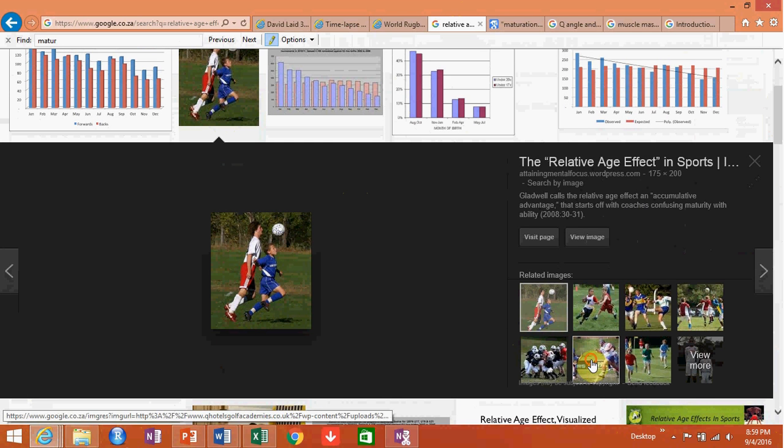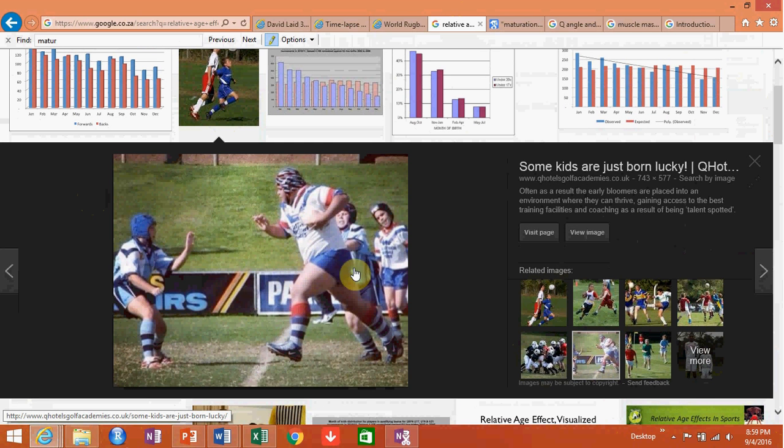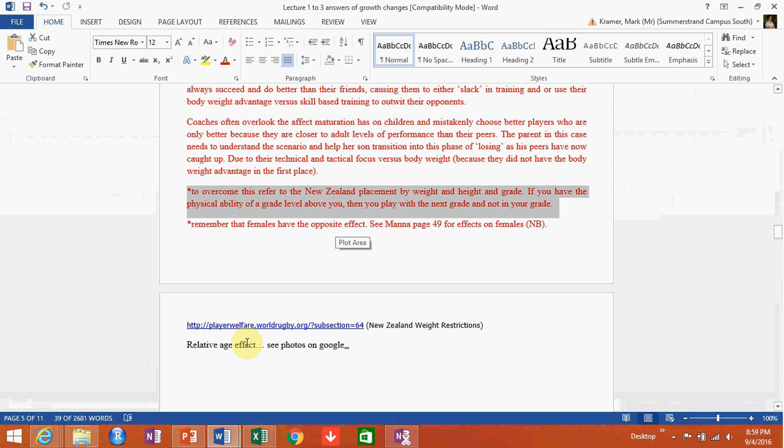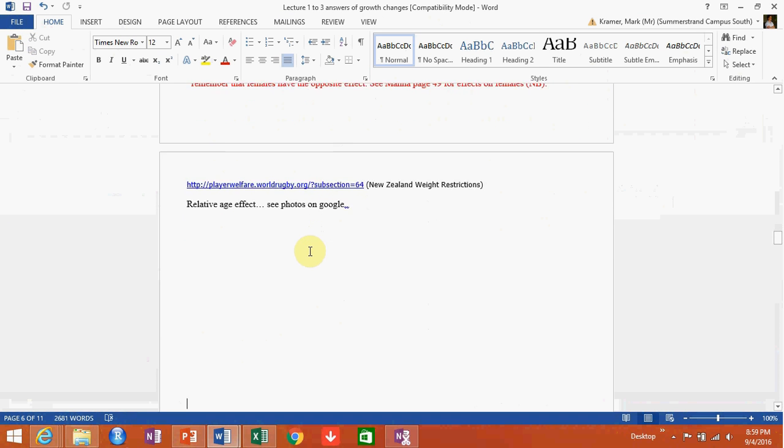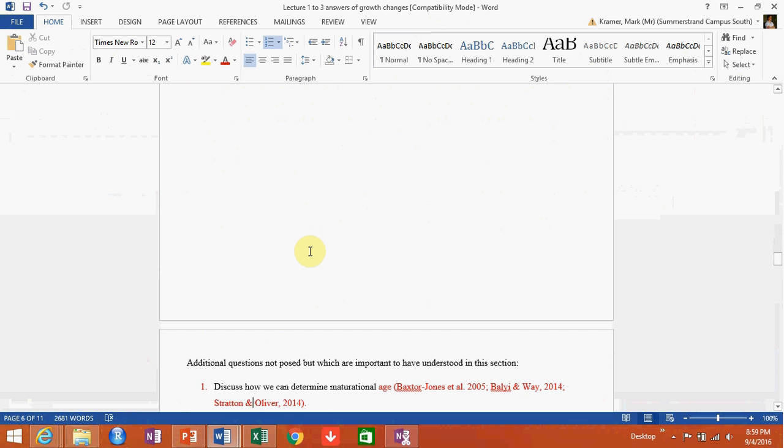Where's that picture? Here we go. And this can cause injury, neck damage, back damage, self-esteem problems, and so forth for everyone that's playing with that child. And then obviously when his peers start to catch up, he will not have this advantage of using his body weight as he is now. Okay, so just refer to that as an example of this.